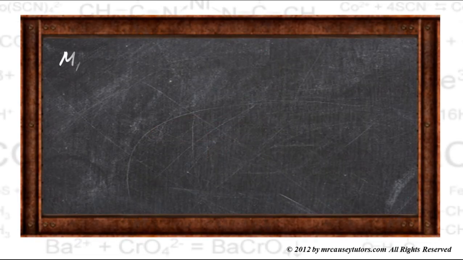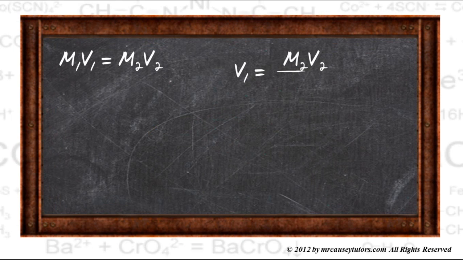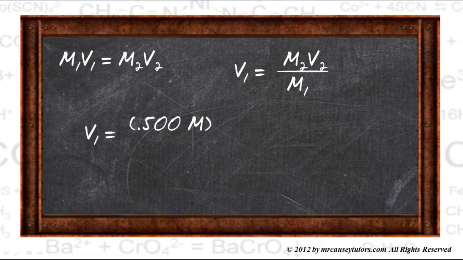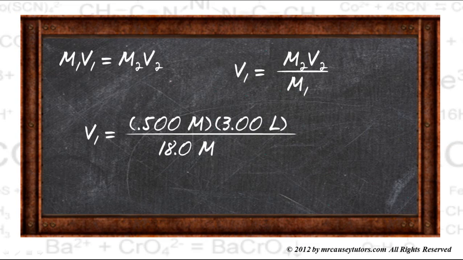So, to the blackboard. Here's my equation. With a little algebra, we change it to initial volume equals. And this is going to tell me how much water I need to add. All right, so we got V sub 1 equals 0.500 molar times 3 liters divided by 18.0 molar.